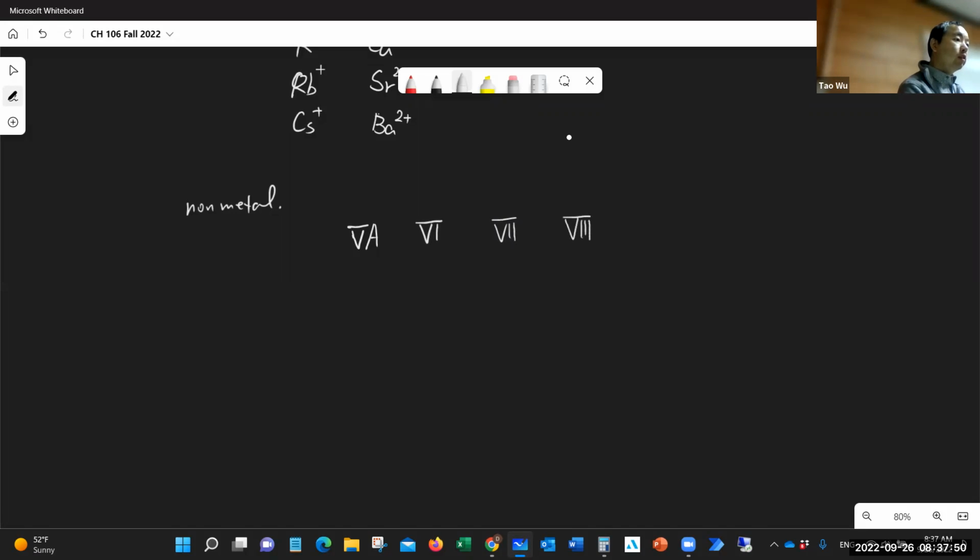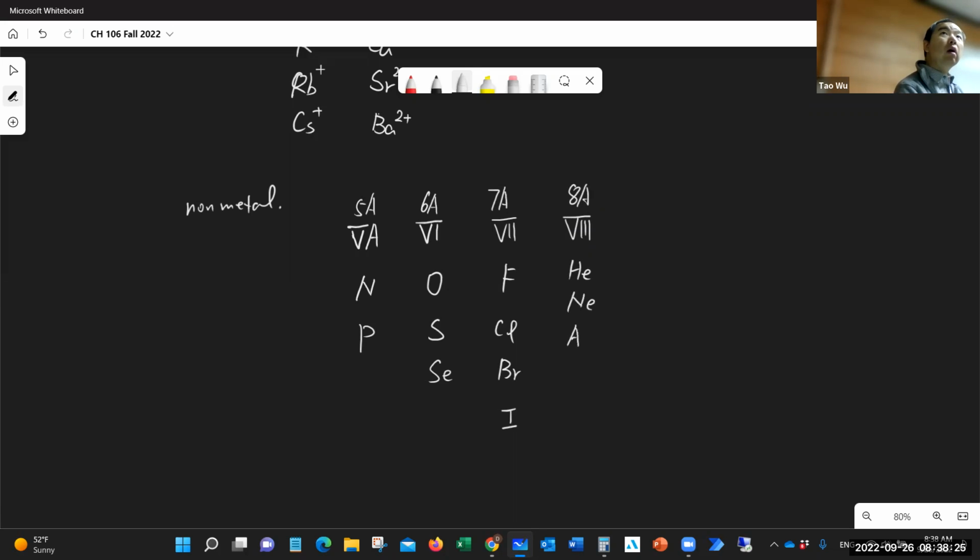The 5A group is nitrogen and phosphorus, the 6A group is oxygen, sulfur, and selenium, and the 7A group is fluorine, chlorine, bromine, and iodine. The 8A group are all noble gases: helium, neon, argon, krypton, and xenon.